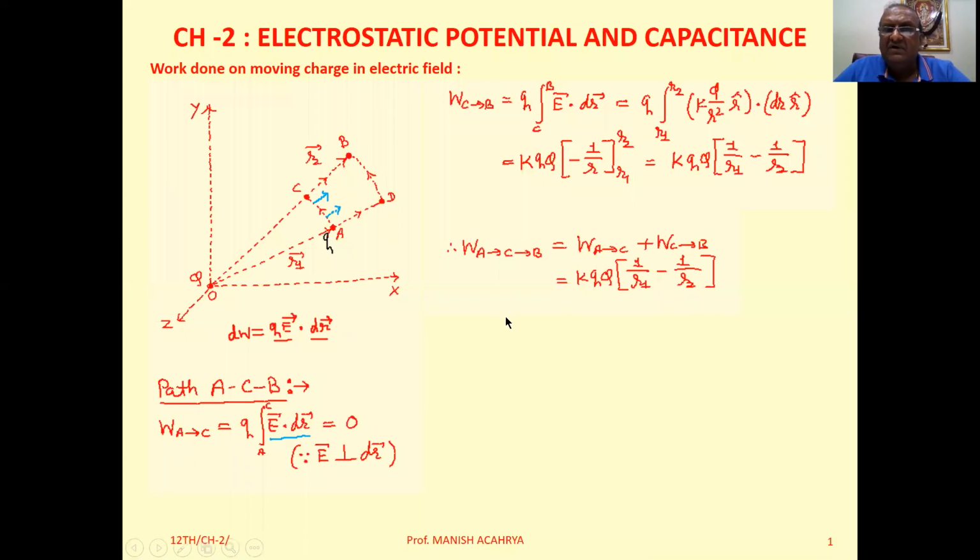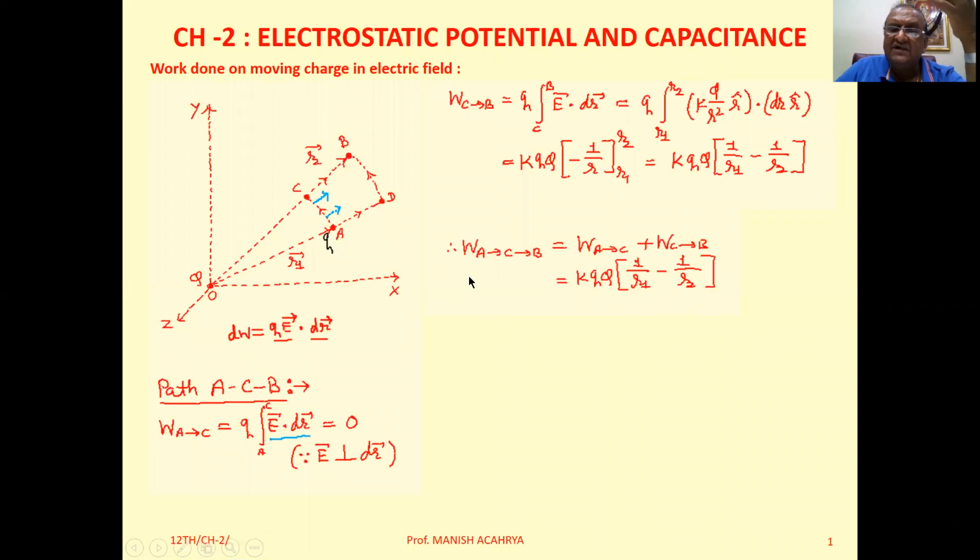So the total work done on moving charge small q from A to B on the path A to C, then C to B, is the work done on the path A to C plus the work done on the path C to B. But A to C is 0, and C to B we derived here.